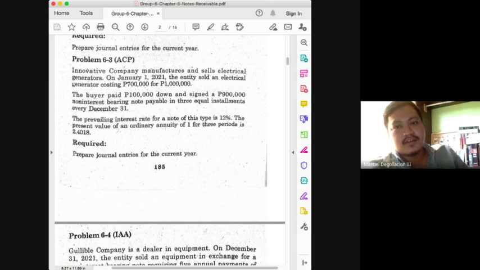Our total receivable was 900,000, but we know that the 900,000 represents interest and principal. If you remove the interest, the principal component of the 900,000 will only be 720,540. So to get the interest component, just multiply to determine your interest income for the year. Just multiply 720,540 by 12%.